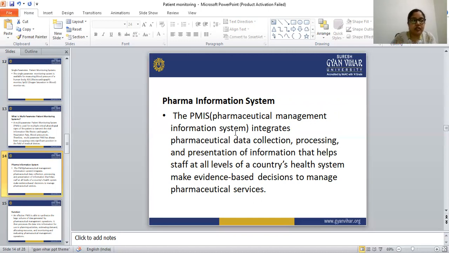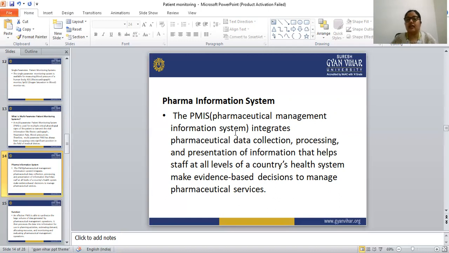And the pharma information system, that is PIS, is used by the pharmacy department, including clinical screening, prescription management, inventory management, patient drug profiles, report generation, and interactivity with other systems.